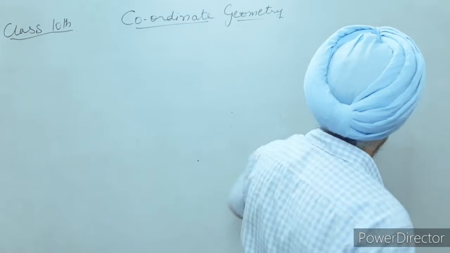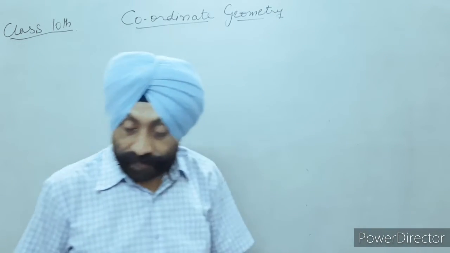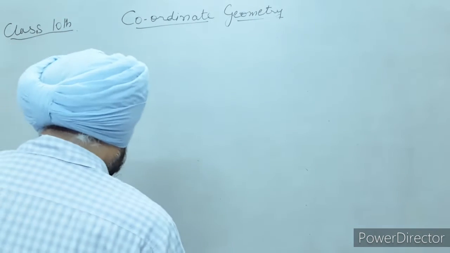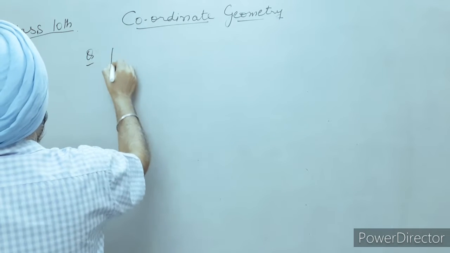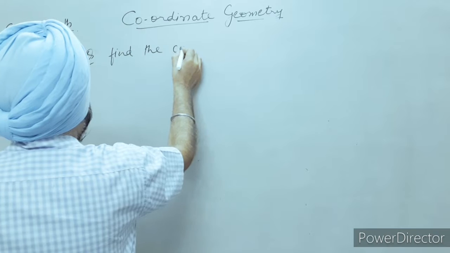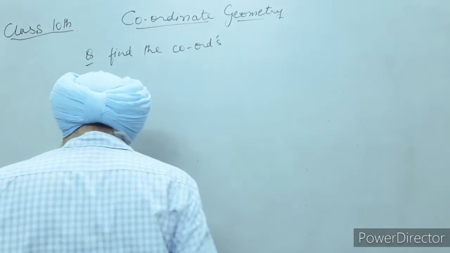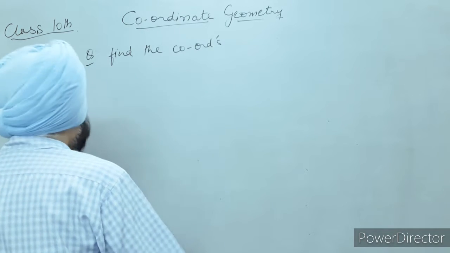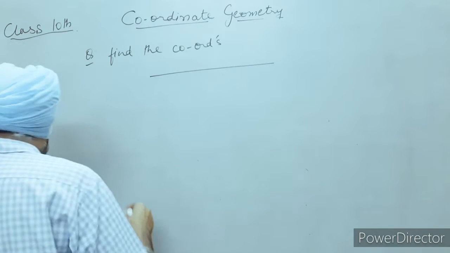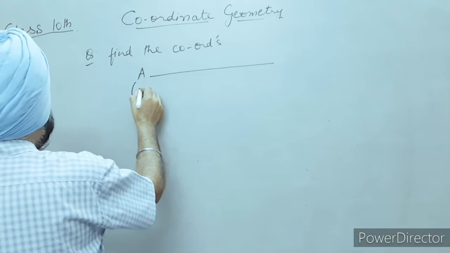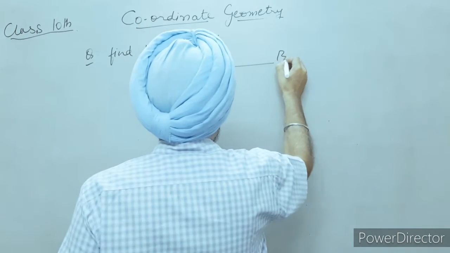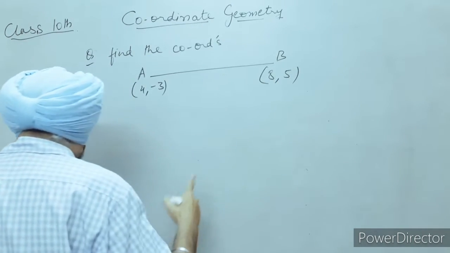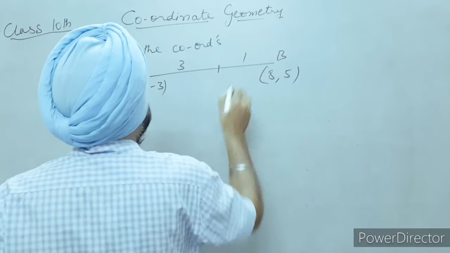The first question is: find the coordinates of the point which divides the line segment joining A, which is (4, -3), and B, which is (8, 5), in the ratio 3:1.